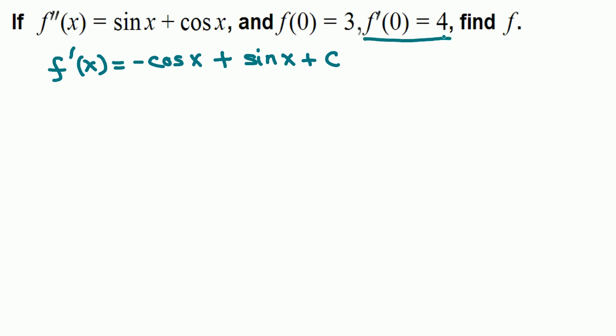We have an initial condition in terms of f prime. When x equals 0, f prime is 4. So using this initial condition, we can find the value of c.